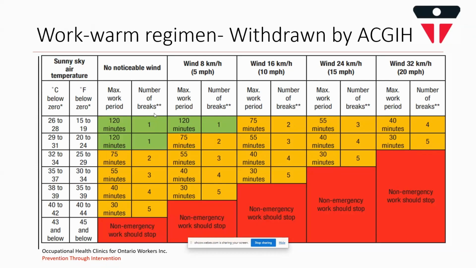But one can also use this chart to find out how many breaks are needed. And this chart is developed for a 4-hour working shift, right? And a maximum of 2 hours of continuous work can take place in one go, and then a long break, and then 2 hours of stretch.